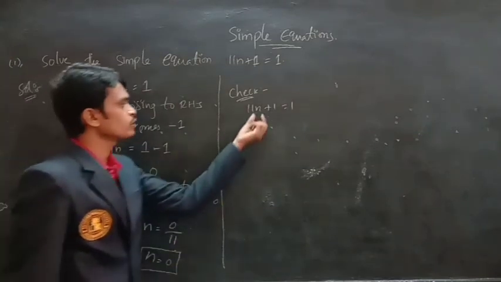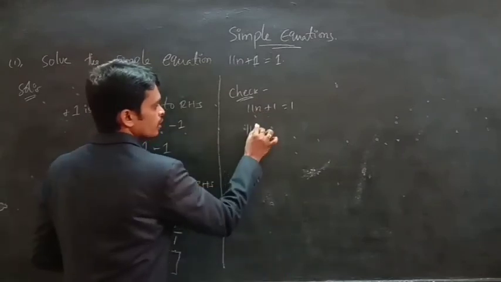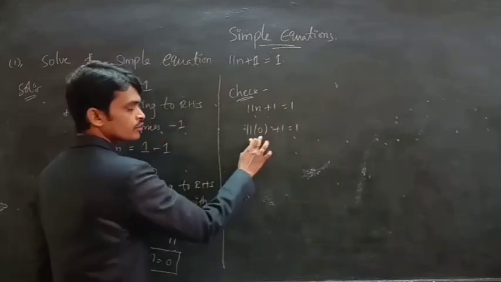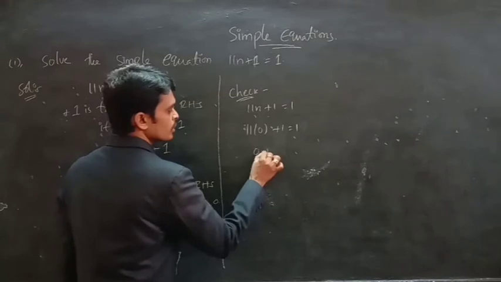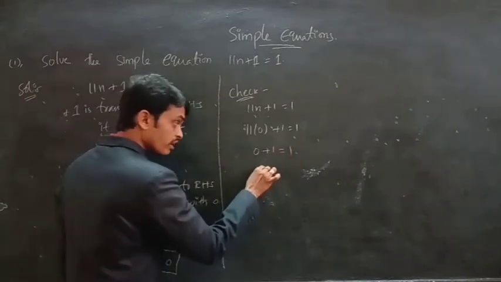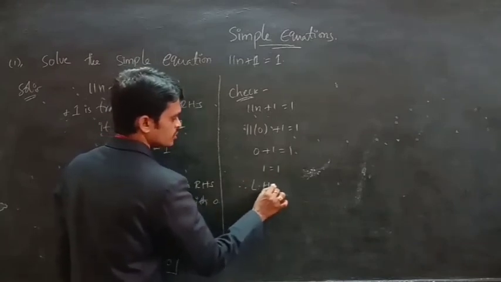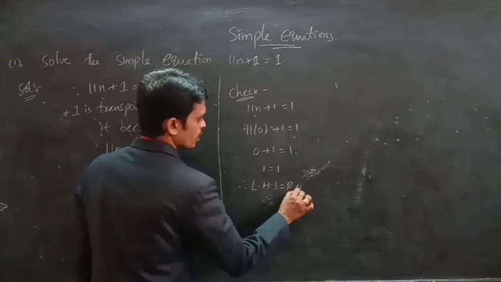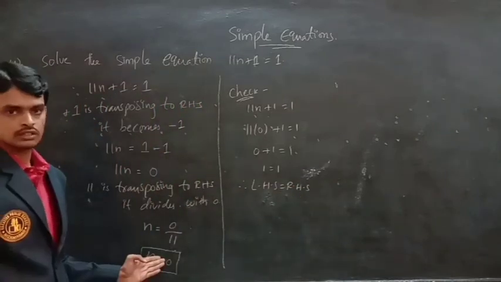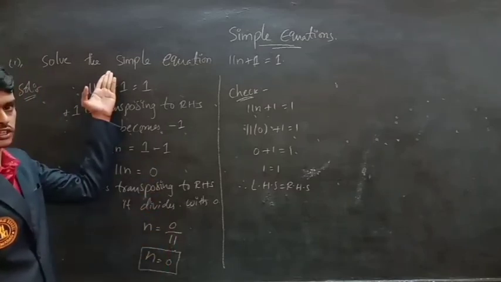So we substitute 0 in place of n. 11 into 0 plus 1 is equal to 1. 11 into 0 is 0, plus 1 is equal to 1. 1 is equal to 1. Therefore LHS is equal to RHS. Like this we have to solve the simple equation by transposing. This type of problem will come for 2 marks.